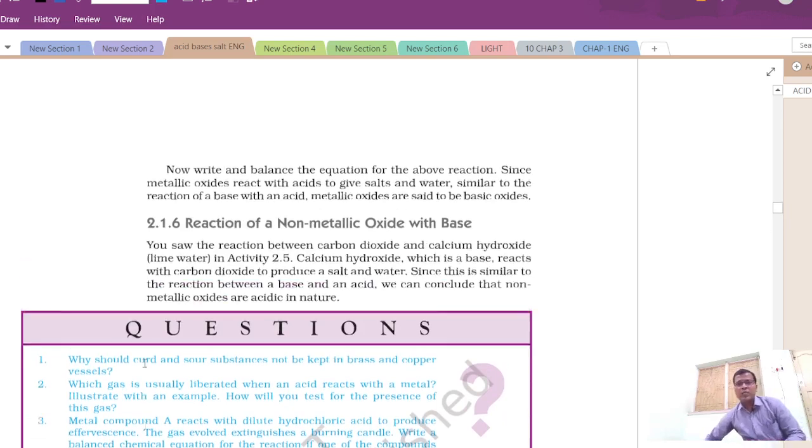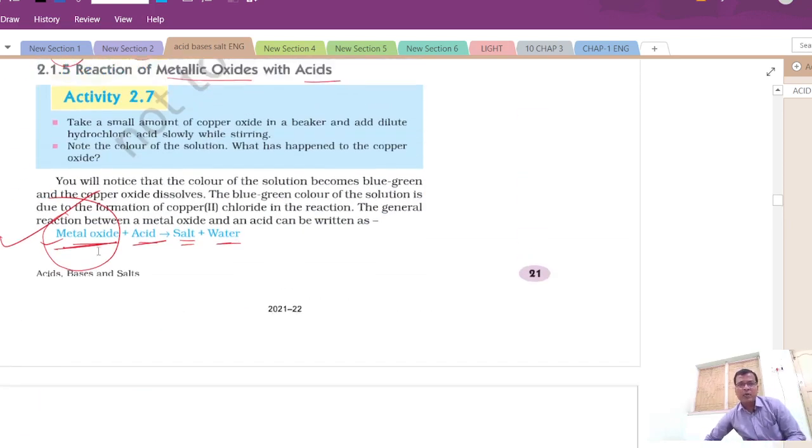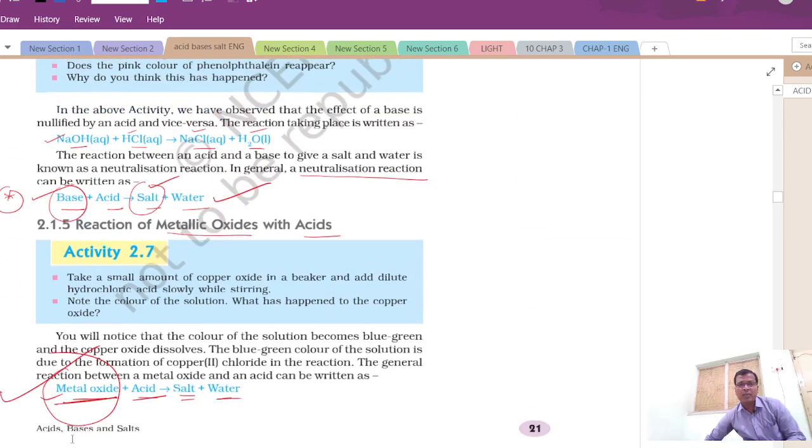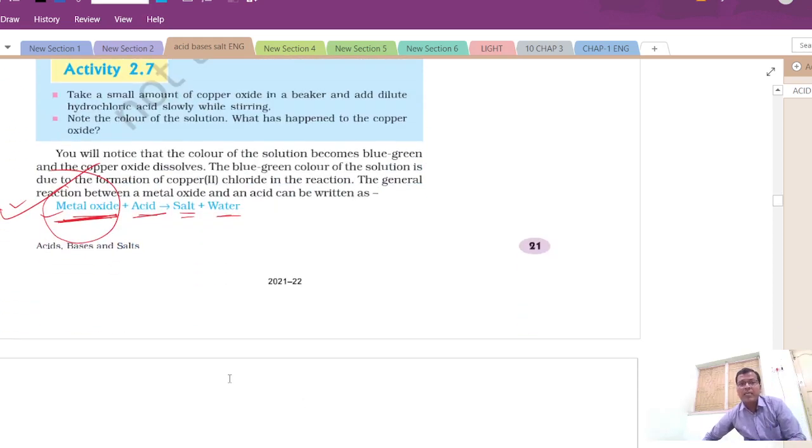You can see here a metallic oxide is just behaving like a base. Please remember what I am saying. By seeing these reactions, we can say that a metallic oxide is behaving like a base. That's why a metallic oxide is called a basic oxide.